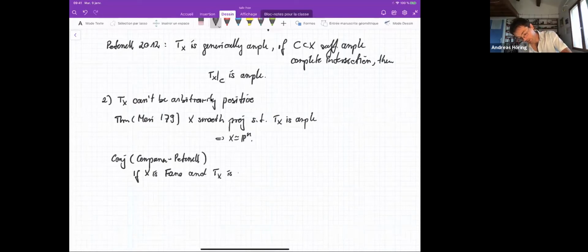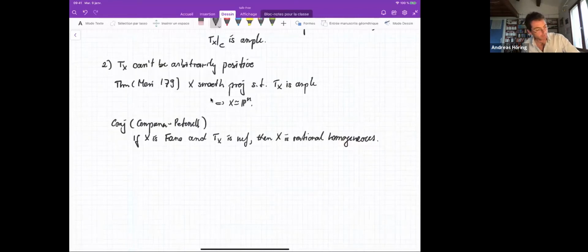In a similar spirit, you have this conjecture of Campana and Peternell, which tells you that if X is Fano and T_X is nef, then X is rational homogeneous. Since rational homogeneous manifolds are completely classified, this gives you a finite list, and somehow you still see that the positivity is never arbitrarily large, contrary to what happens for general type and so on. This is a conjecture, but it is known if the dimension of X is up to 5.